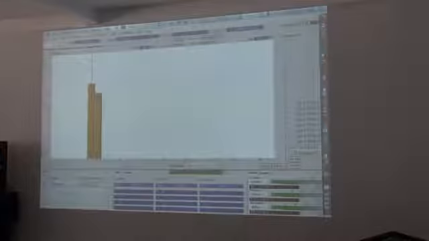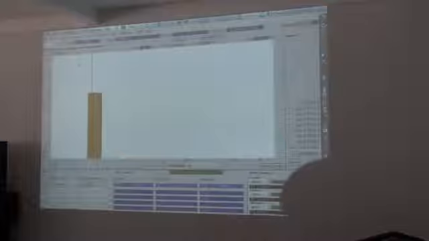Right now you listen to two frequencies, and you can see here again two bars.